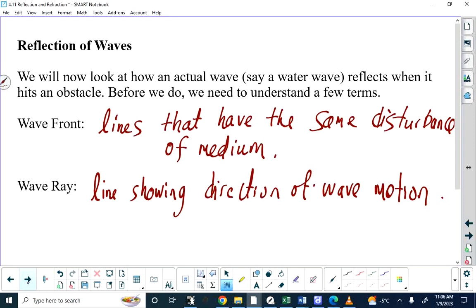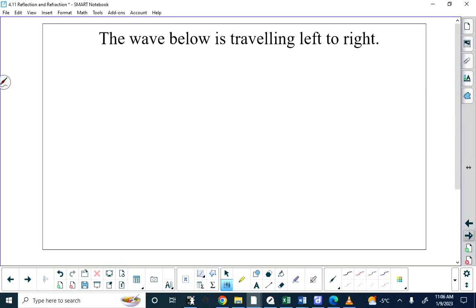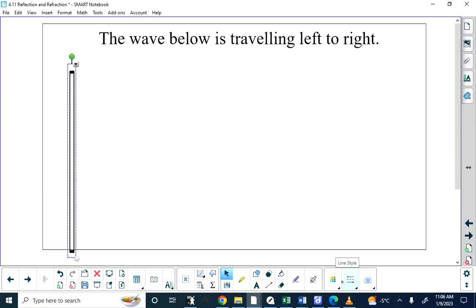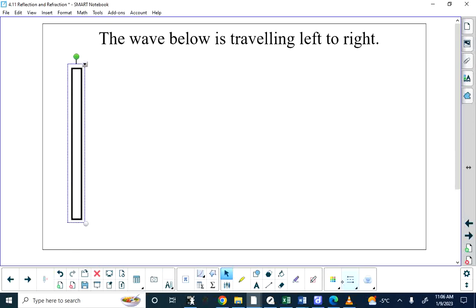So, for example, if I were to take, and it's up to you whether you want to draw this first part or not, a pool of water, it doesn't have to be a big pool, it can be the size of this table up here. And I take a meter stick, this thing, and I dip it in and out of the water. I'm going to create ripples that travel from your left to your right.